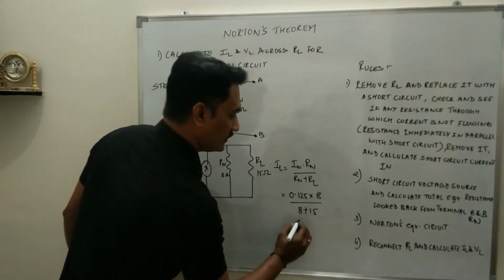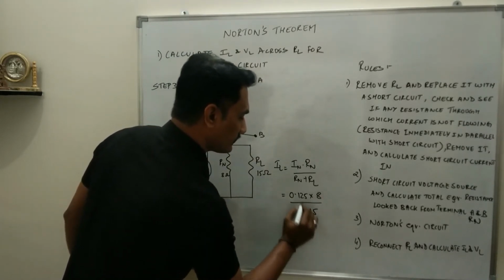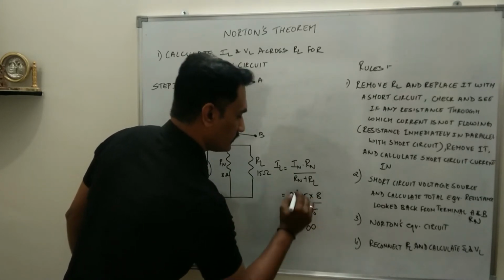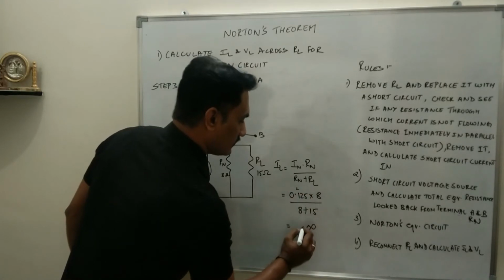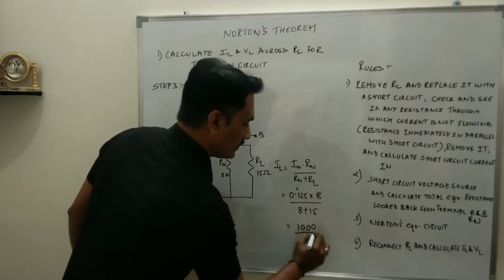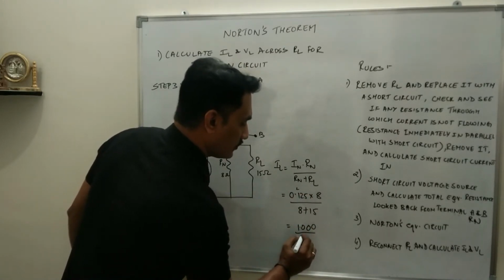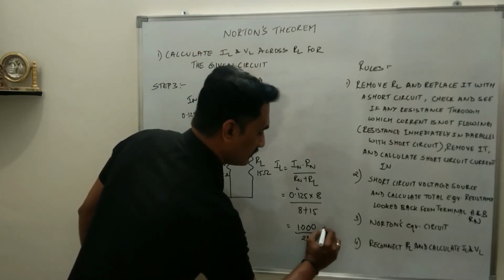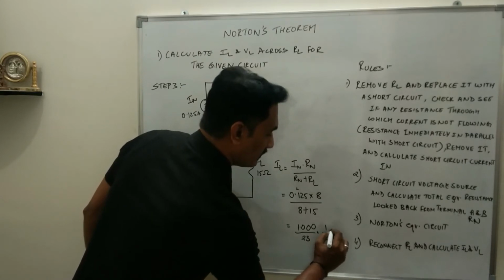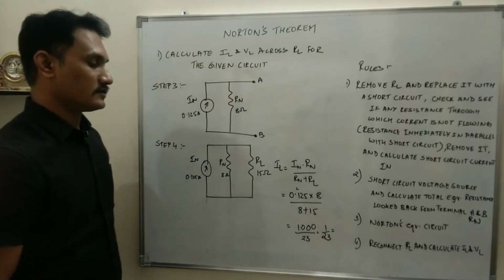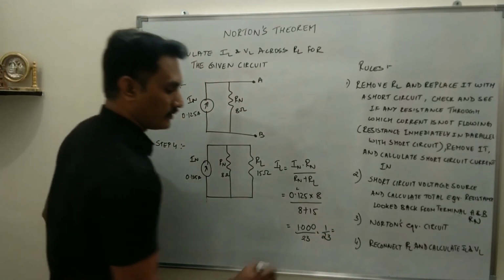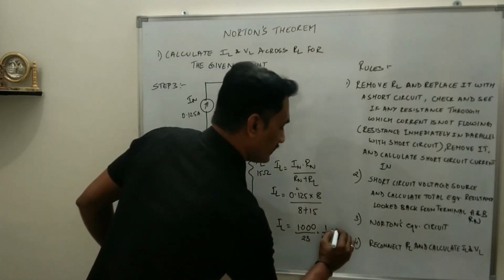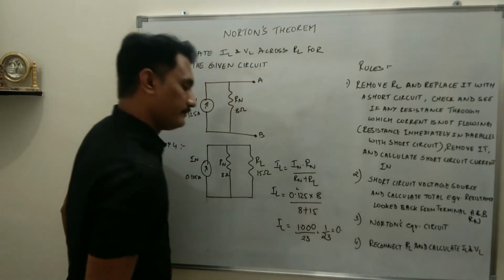So this value will be 1 upon 23. Okay, so 1 upon 23, approximately the value will be 0.4.